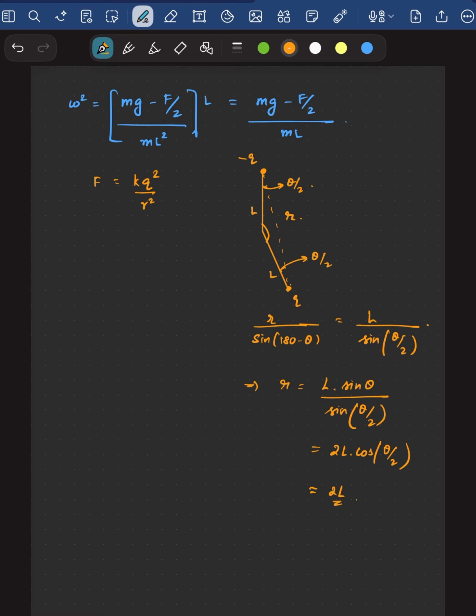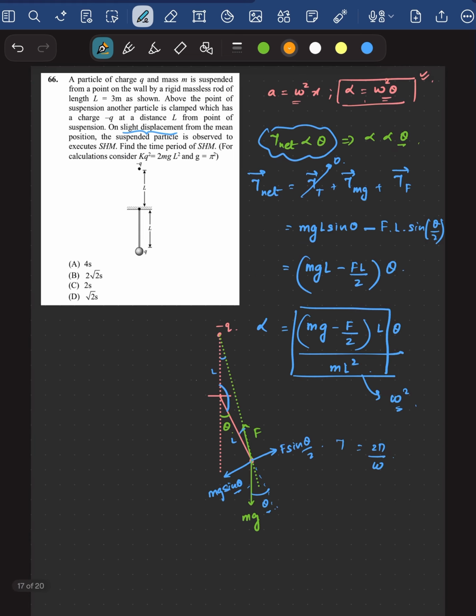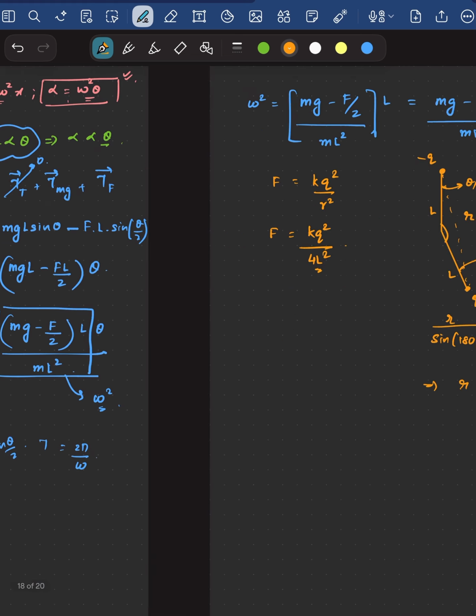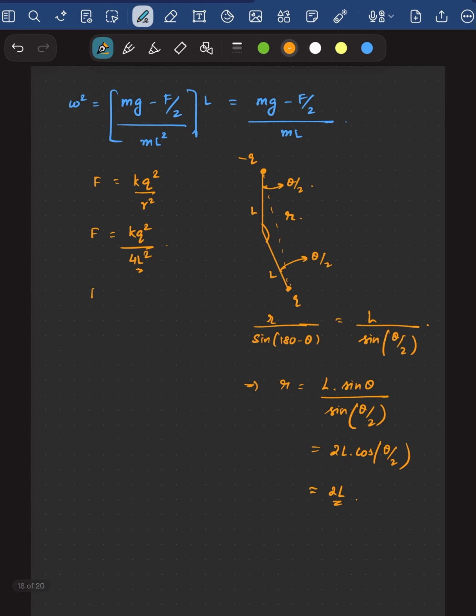So our force expression just becomes kq squared by 4L squared. In this question, we're asked to assume kq squared to be equal to 2mg into L squared. Making use of that assumption, F will be 2mgL squared divided by 4L squared. So the value of F becomes mg by 2 itself.